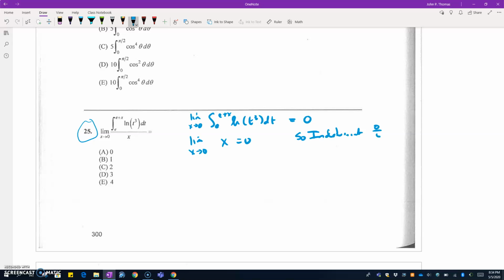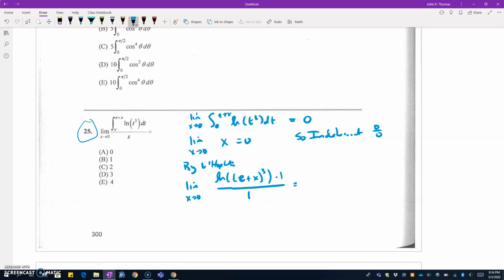All right, 0 over 0. So by L'Hopital's, we get the limit as x goes to 0. I take the derivative of the top, and the derivative of the top is the fundamental theorem of calculus. So I get ln of the quantity e plus x, to the third, times the derivative of e plus x, which is actually just 1, over the derivative of x, which is 1.